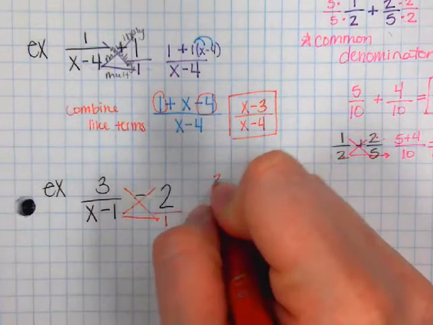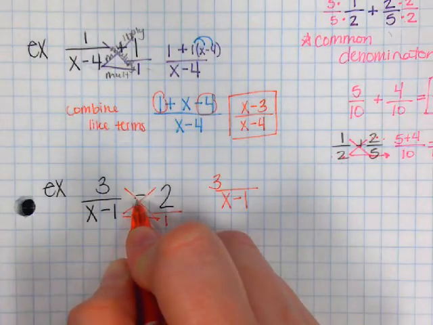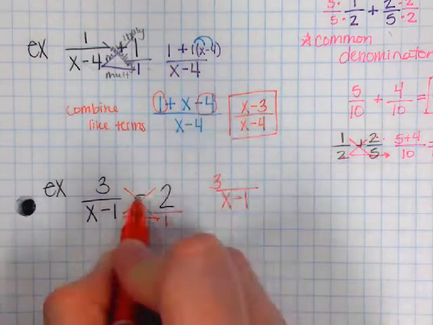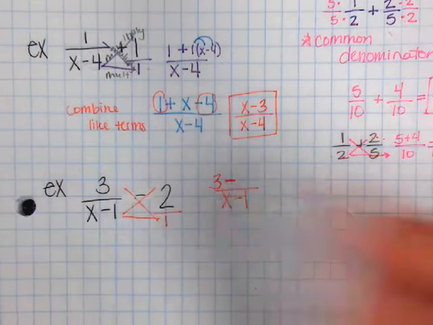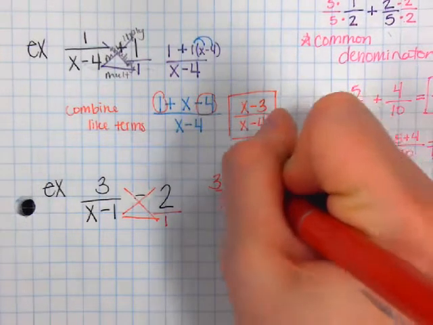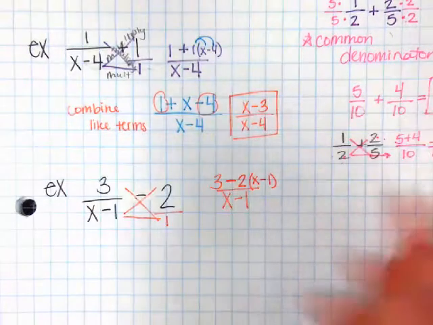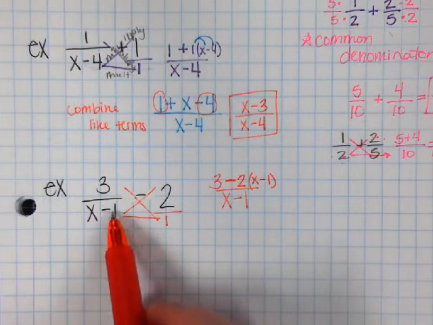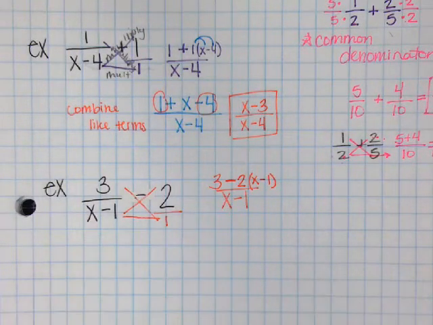And then cross. So 3 times 1 is 3. Now notice this time it has a negative, so instead of putting an addition sign between them, I'm going to put a subtraction sign. So then I do minus 2 times x minus 1. Remember, we put that parentheses to show I have to multiply this 2 times both parts.